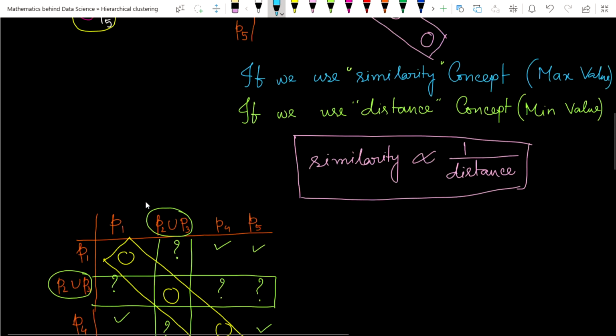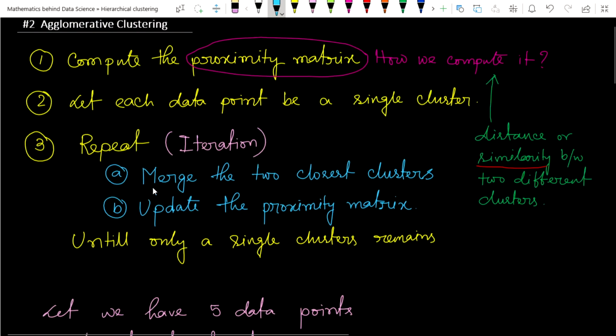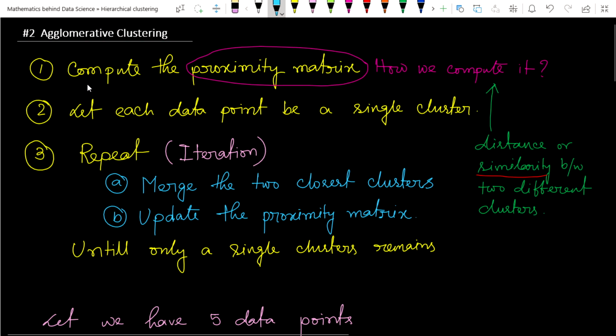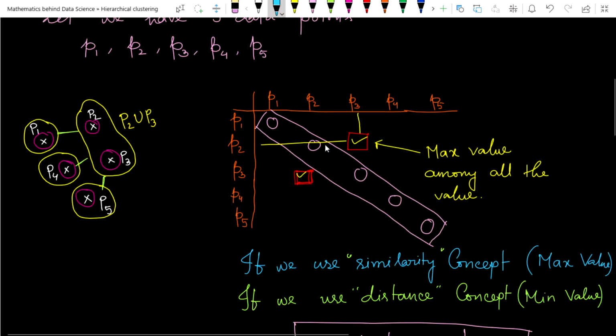I think from these discussions you got the idea of how to compute agglomerative clustering. It's a very simple idea. Just these three steps we have to maintain. The main computational part is to calculate the proximity matrix. For initial points, computing the proximity values is trivial, you can easily find.